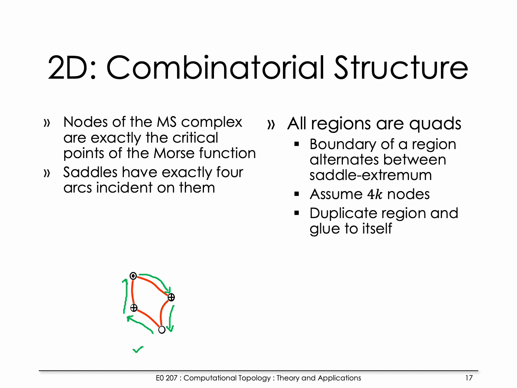Let's duplicate this Morse-Smale complex cell and glue it to itself. So the Morse-Smale complex that we have has many cells. Each two-dimensional cell has 4k nodes, right? So you pick one of them, the one which has 4k nodes, you duplicate it, and then glue that duplicate copy to itself.